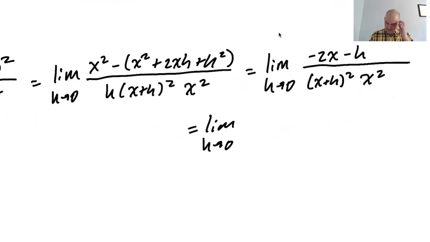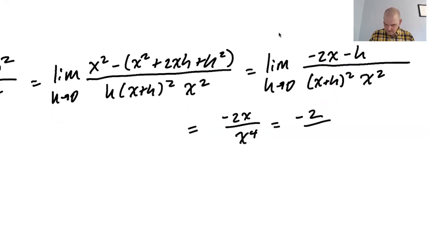Actually, I don't need the limit anymore because I can actually take the limit at this point. So I'm going to not put the limit. I'm just going to do negative 2x over. So if h is 0 in the denominator, I get x plus 0 squared is x squared times x squared is x to the 4th. So I get negative 2 over x cubed.